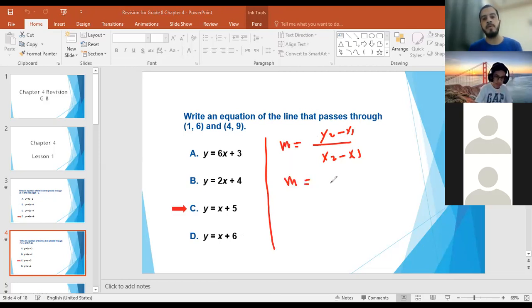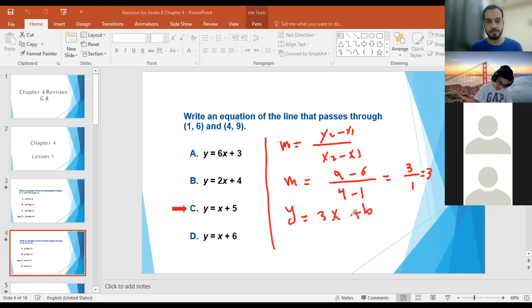Then m is 9 minus 6 over 4 minus 1, which is 3 over 3 equals 1. Then we have y equals mx plus b. Then use this point: 1 will be x, 6 will be y. Substitute here, so 6 equals 1 times 1 plus b.